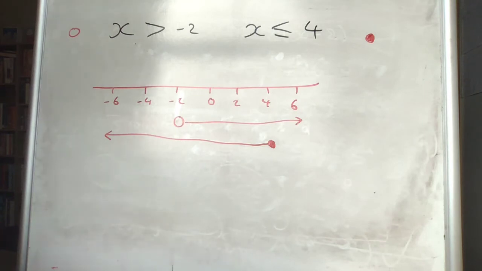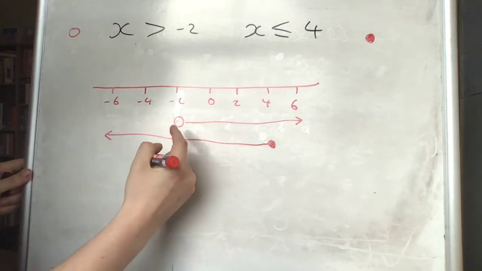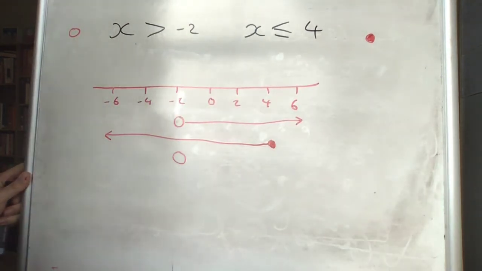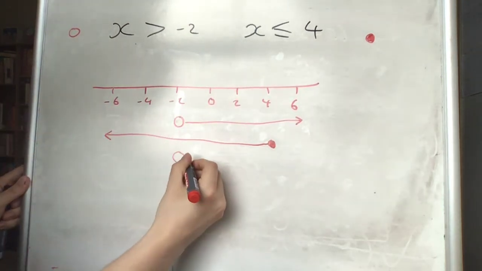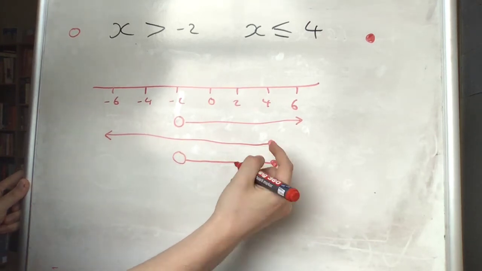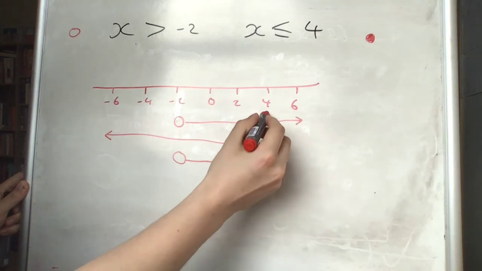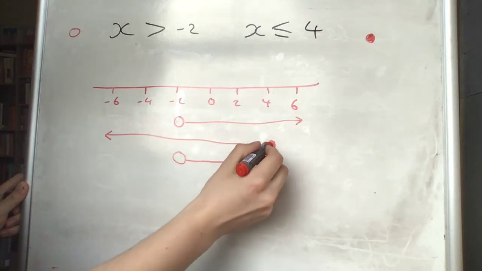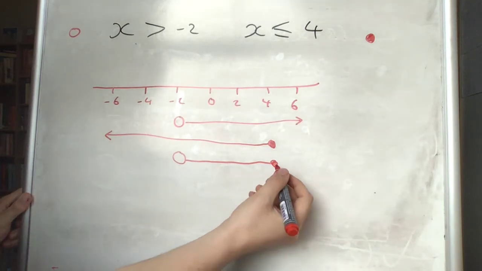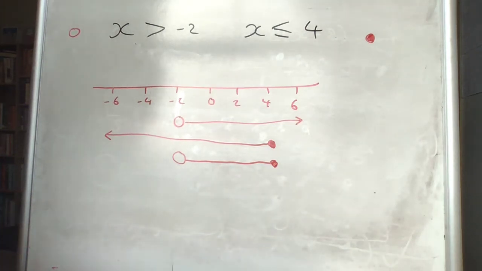Now, obviously it can't include this number here because, as we said before, it doesn't include -2. So we'll represent that with a circle again, and it's all these numbers in between here up to and including the 4, as we said before, because this first one includes 4, this one includes 4 because it's an equal to sign, and therefore so does our inequality simultaneously.